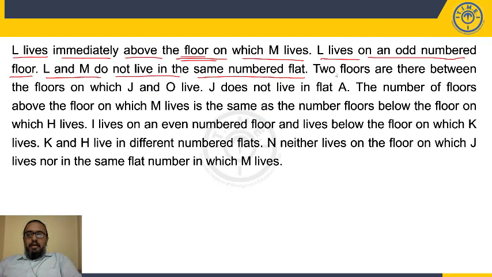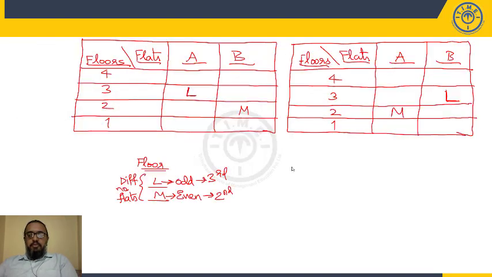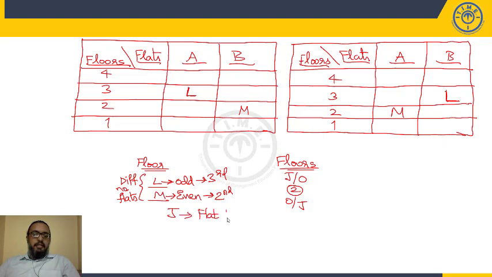Okay. Now, two floors are there between the floors on which J and O live. J does not live in flat A. Okay. So again, the discussion is on floors. So there are two floors between J and O, and compulsorily J does not live in flat A. So J has to live in flat B compulsorily.